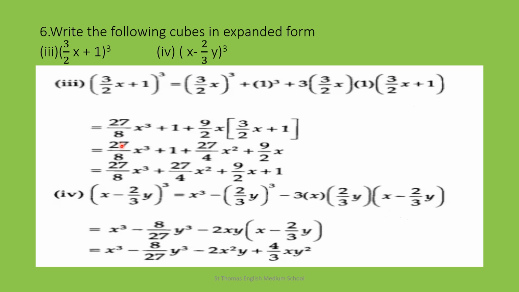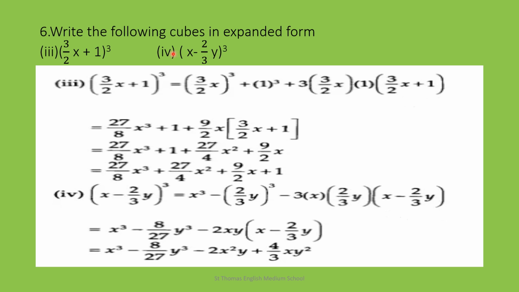Then you will have 27 upon 8 x cube + 1, multiply each term in the bracket, you will get 27 upon 4 x square + 9 upon 2 x, that is equal to 27 upon 8 x cube + 27 upon 4 x square + 9 upon 2 x + 1. So the expanded form of (3 upon 2x + 1) whole cube is 27 upon 8 x cube + 27 upon 4 x square + 9 upon 2 x + 1.